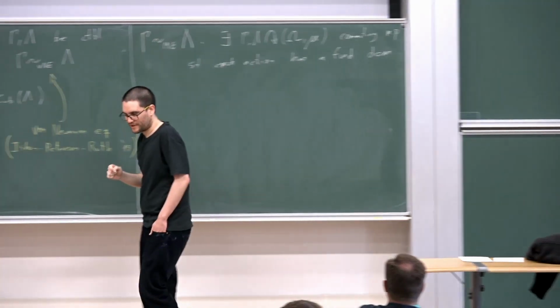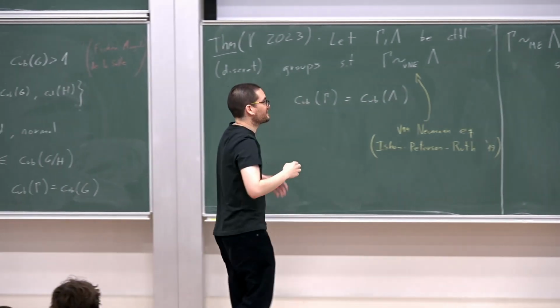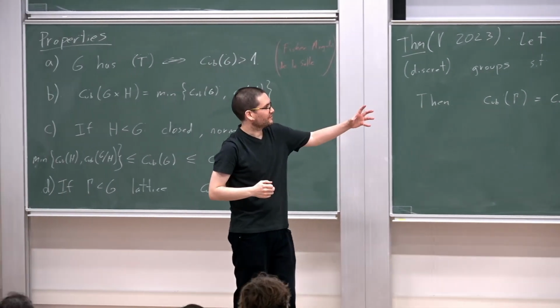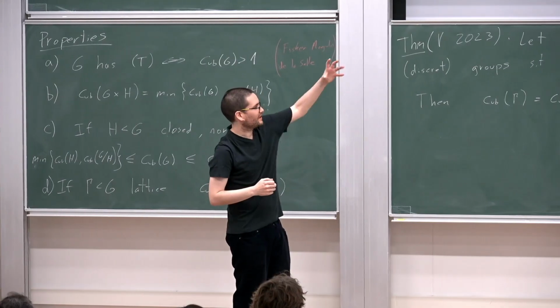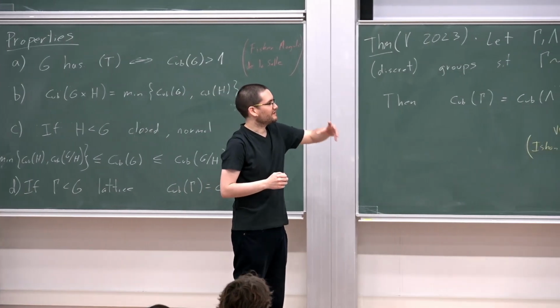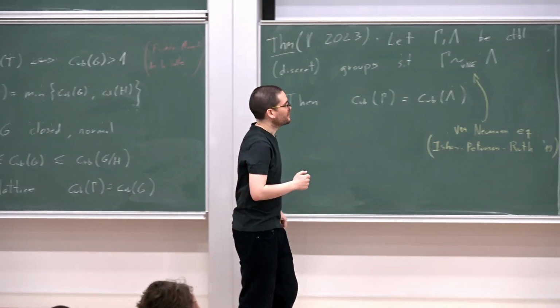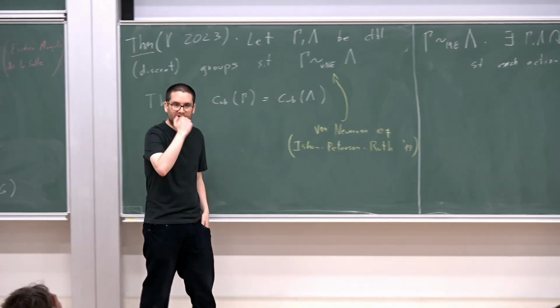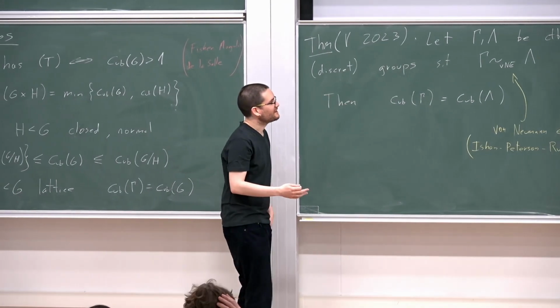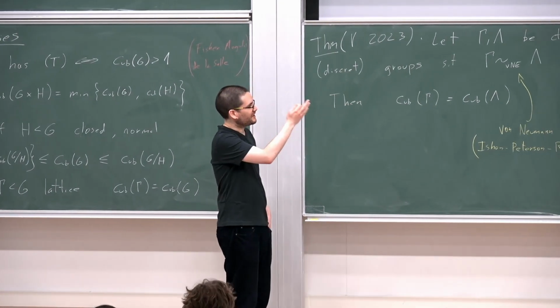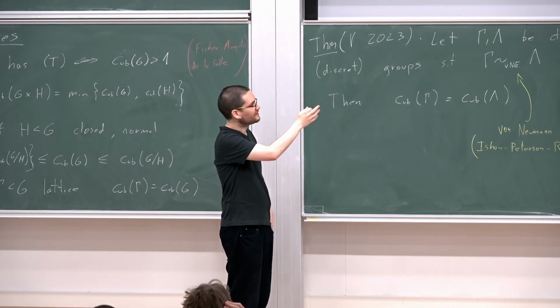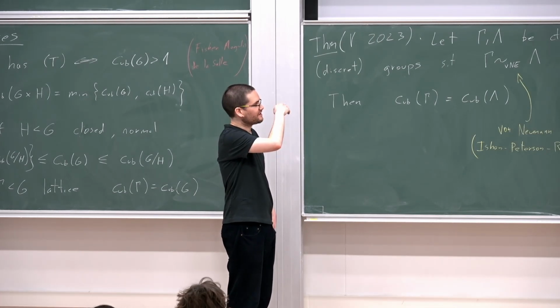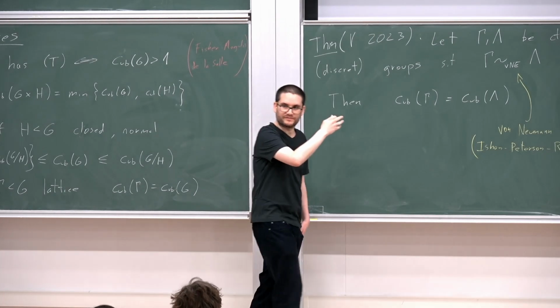As I said, a finite measure subset, such that when I look at the orbit of this subset, it gives me a partition of the measure space. And von Neumann equivalence is the same thing, but we replace the measure space by a von Neumann algebra with a trace, and we replace the fundamental domain by a projection.